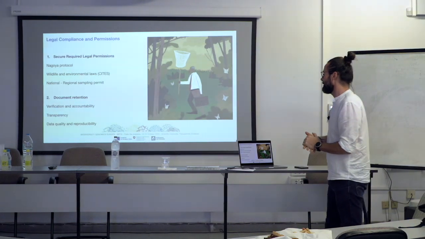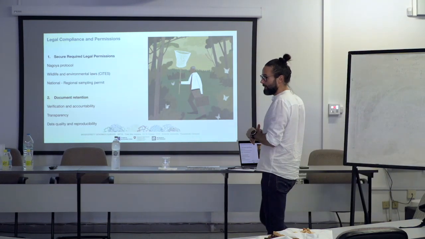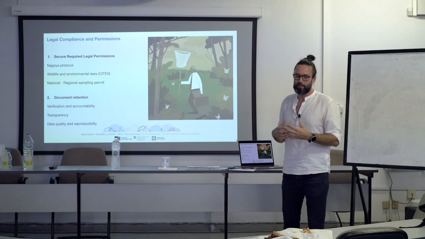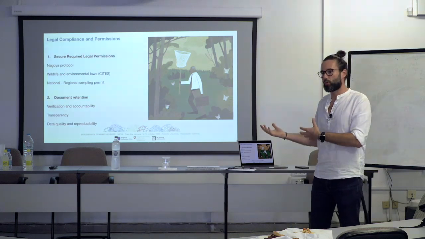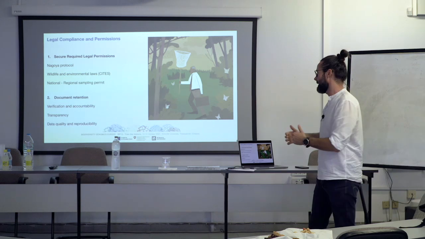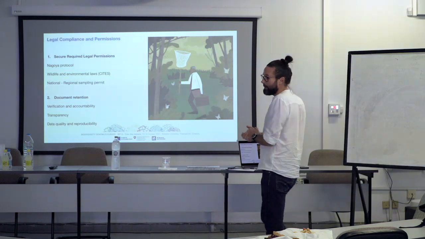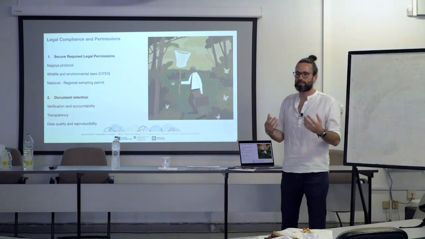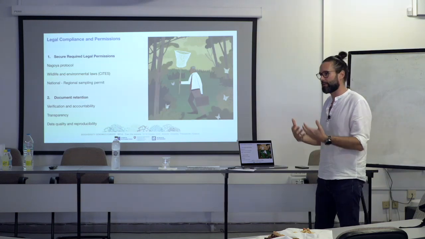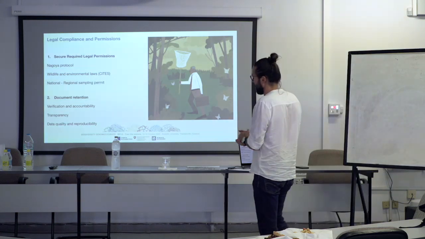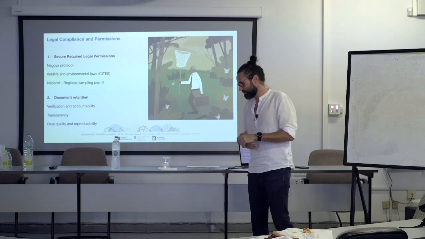We do this for verification and accountability. Accountability because if they declare something that is not true, then it's up to them to answer if there is something wrong, and not up to us. And then for transparency, because we are talking about open science, and we are pushing towards open science a lot. And also for data quality and reproducibility.